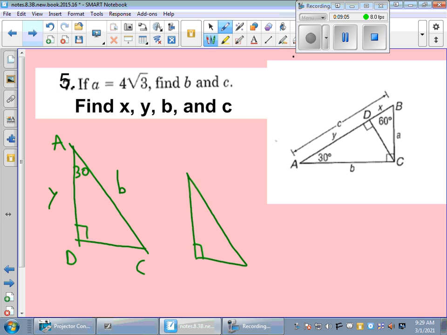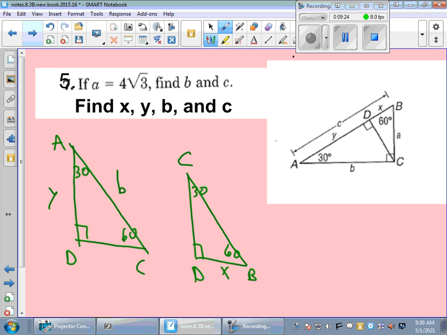Let's look at the little triangle here. This is X. This is D, this is B, and this is C right here. We know that this is 60, so this is 30, so let's fill those in.